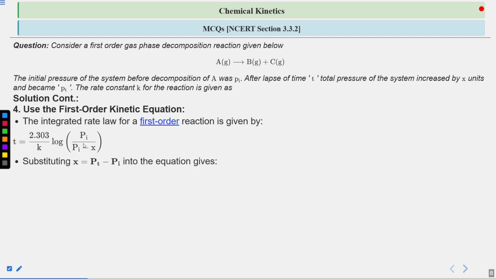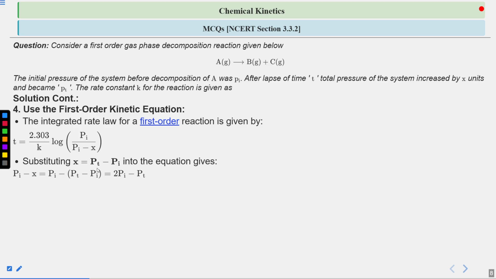Now we know the x value, which is pt minus pi, that is p total minus p initial. So we substitute the x value into this equation. p initial minus x will become p initial minus (p total minus p initial). Now the negative sign multiplied inside the bracket will become p initial minus p total plus p initial.